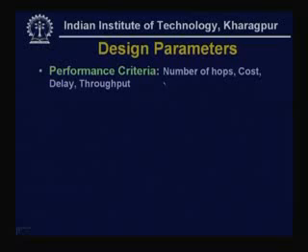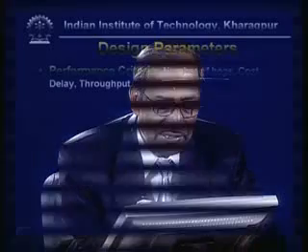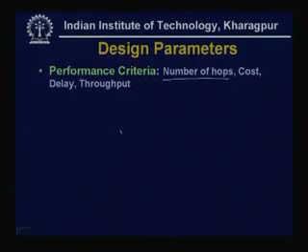What performance criteria will you use in finding out the effectiveness of a particular routing algorithm? One performance parameter is the number of hops. As you have seen, whenever packets are going in a network, they make several hops. How many hops it makes through the intermediate nodes, that count can be a measure of the performance.